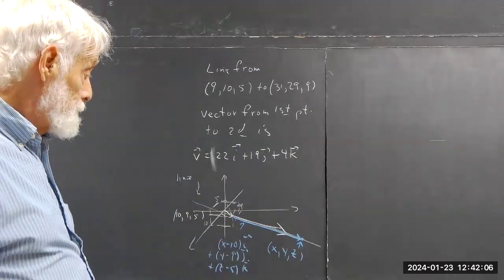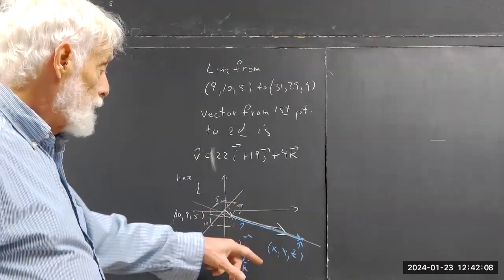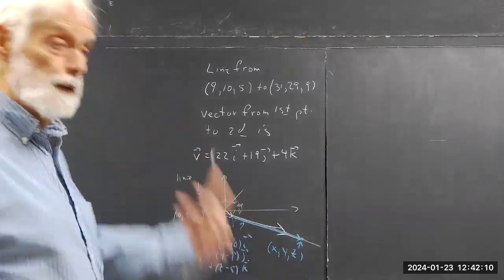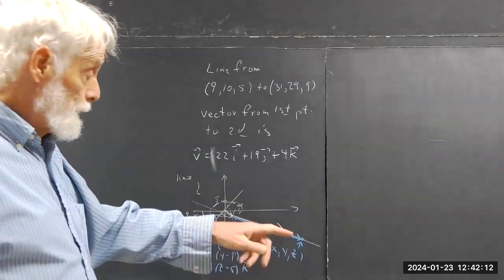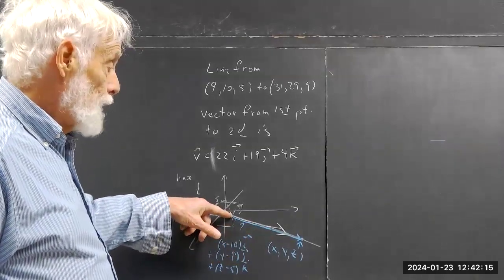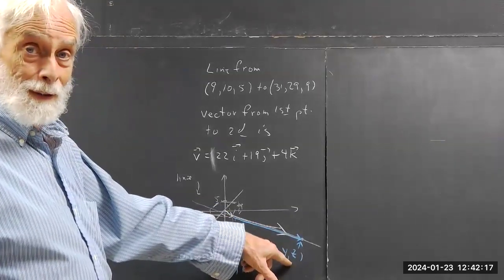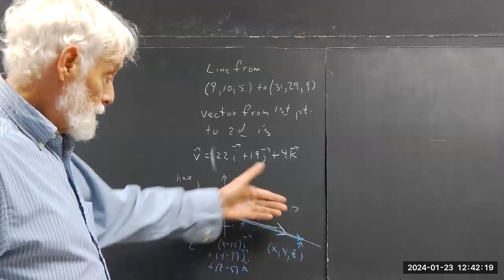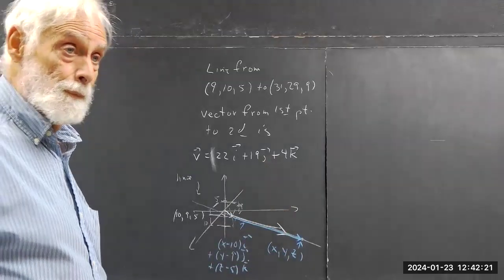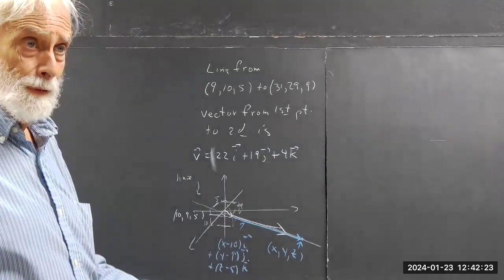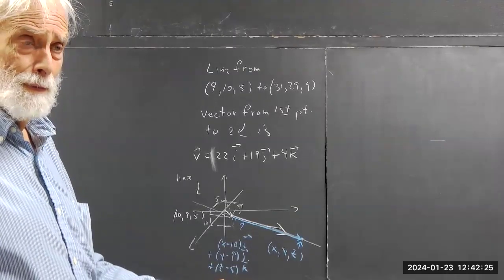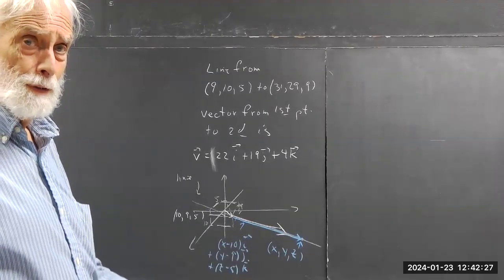And you're already at Y equals 9, so you go Y minus 9 additional units. You're already at Z equals 5, so you go Z minus 5 units. There's your vector. Make sense? Need a second to process it? Go ahead and process it.